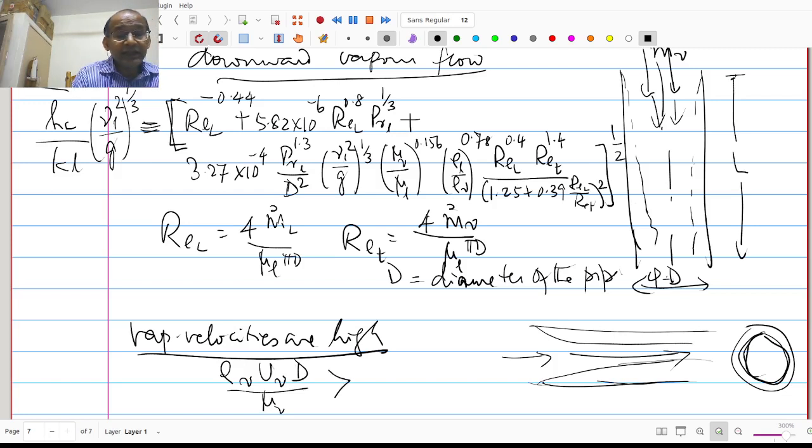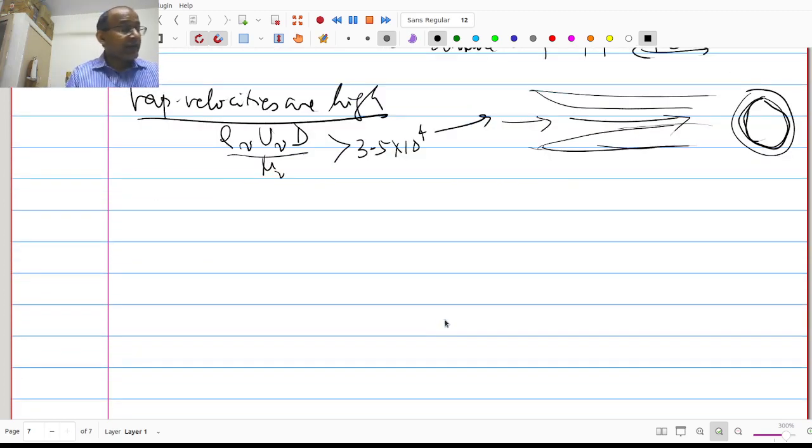If this exceeds 3.5 times 10 to the power of 4, that is 35,000, then we can consider this to be high vapor velocity, in which case I can write the Nusselt number in a simpler fashion, h_L bar times D by k_L.